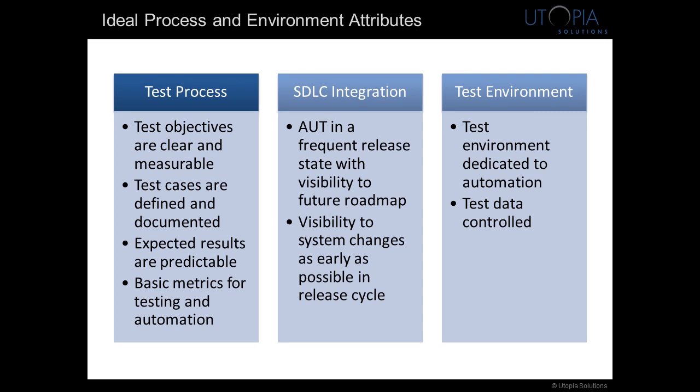Some examples include restoring to a known state, certainly difficult with the complexity of today's systems. Setting up the required data as part of the execution, that's becoming more common. Identifying data as dedicated to automation. So even if you're in a shared environment, you've got sets of data, maybe entire warehouses or units or SKUs, and accounts that are dedicated to automation.